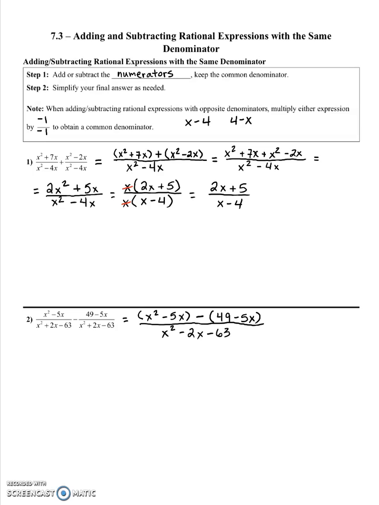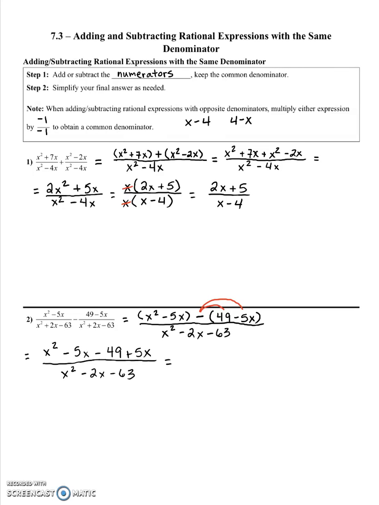In other words, we need to distribute the negative sign through that second numerator. So that gives us x squared minus 5x minus 49 plus 5x all over x squared minus 2x minus 63.